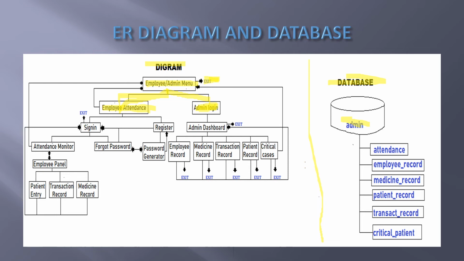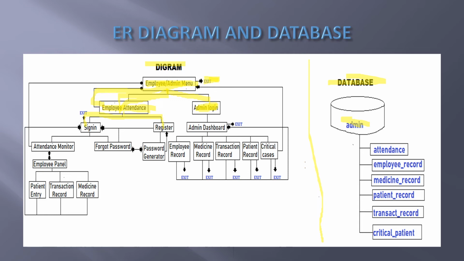From the employee attendance panel, we can go back to the main menu again, or we can do these tasks, that is sign in and register, that I had explained earlier. That is the attendance menu, the next menu.